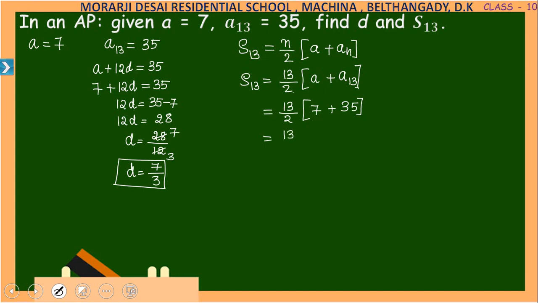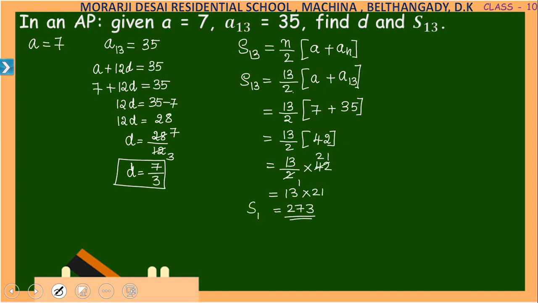So 13 by 2 into 7 plus 35 is 42. So 13 by 2 into 42, that is 13 into 21. 13 ones are 13, 13 twos are 26, 27, that is 273.